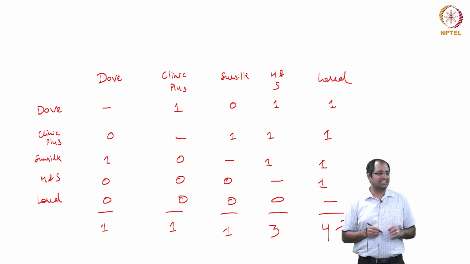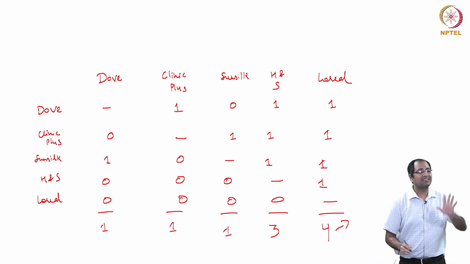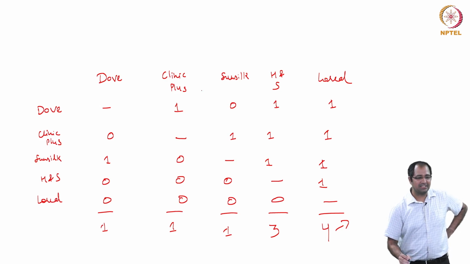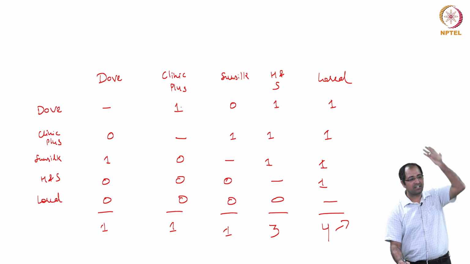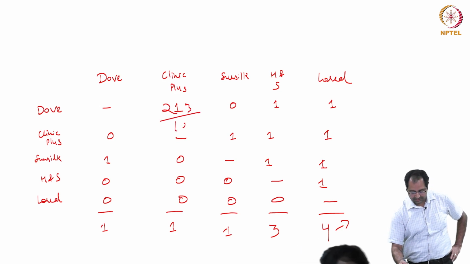This is, as I said, comparative scaling. You can also get that. Let's say for 1000 people, you got this matrix, and then you want to compare between Dove and Clinic Plus for 1000 people. And let's say when you add the scores across 1000 matrices, you get the score, let's say 213 out of 1000.